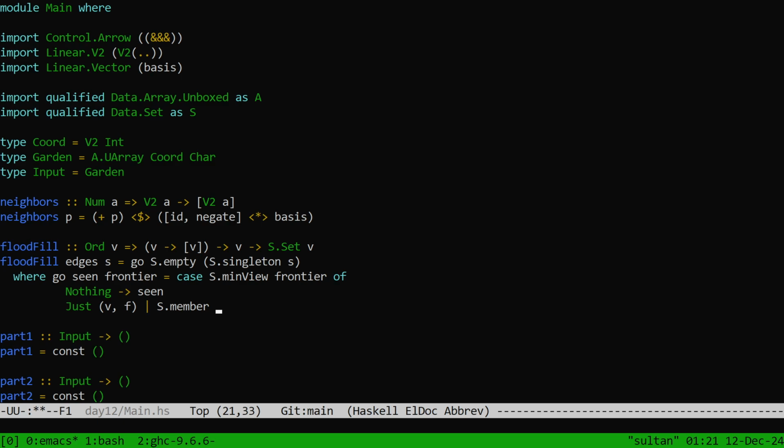S.member, I guess people often use it infix, is that true? Yeah, it's like elem. Okay, I should remember that. Member is like elem. Okay, so if V is a member of seen, then go V F seen. No new work to do. We've already visited and explored this node.